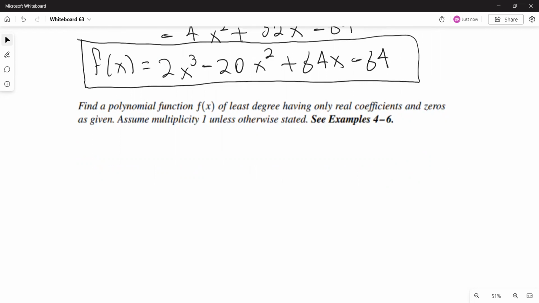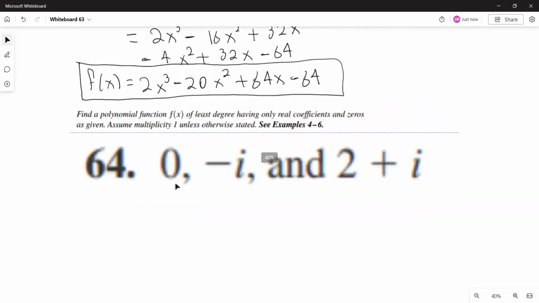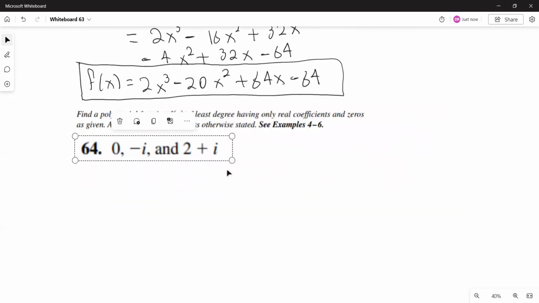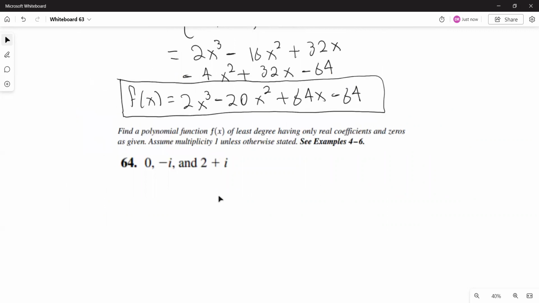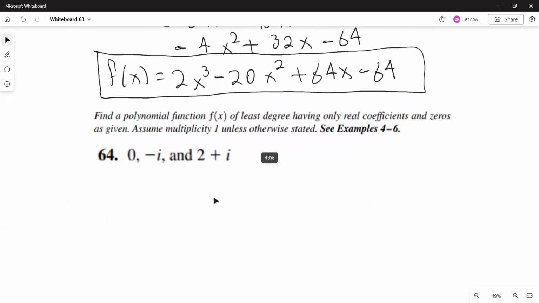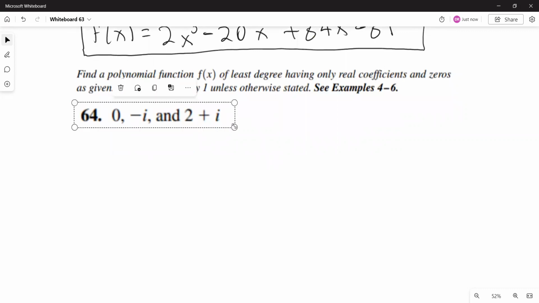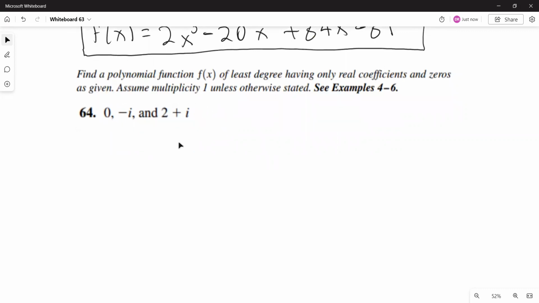So number 54. And it doesn't say anything about the leading coefficient, so we're going to keep things simple and let the leading coefficient be 1. So we know that complex zeros appear in conjugate pairs.